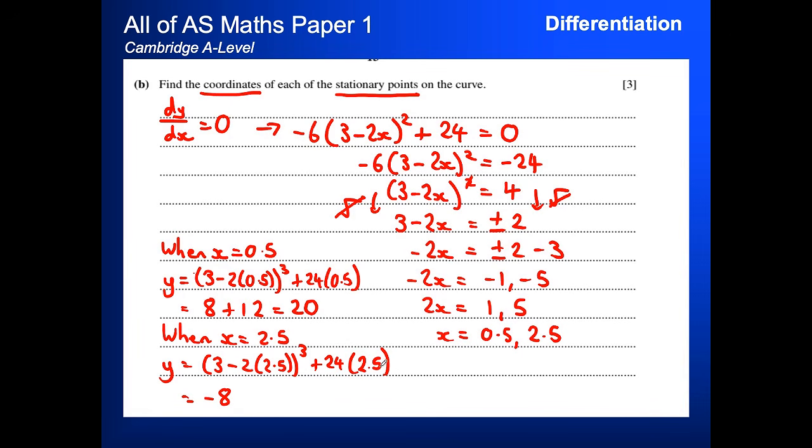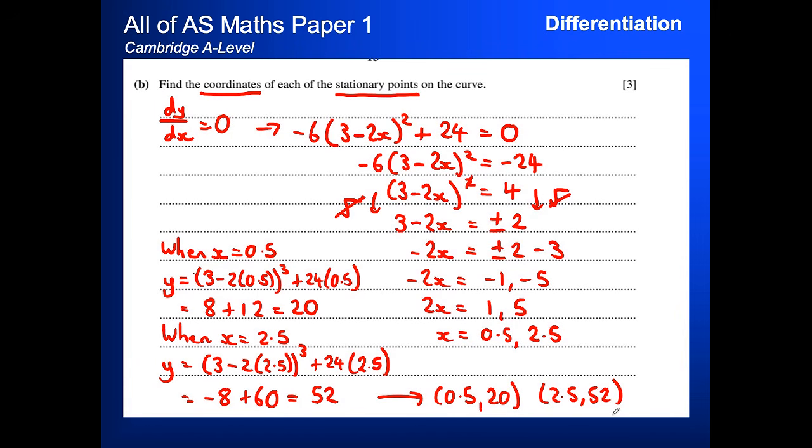I do 48 plus 12, that's 60. So I'm getting the answer here of 52. Just making sure it's nice and clear for the examiner: answers are 0.5 and 20, and then 2.5 and 52. So these are our two stationary points or turning points.